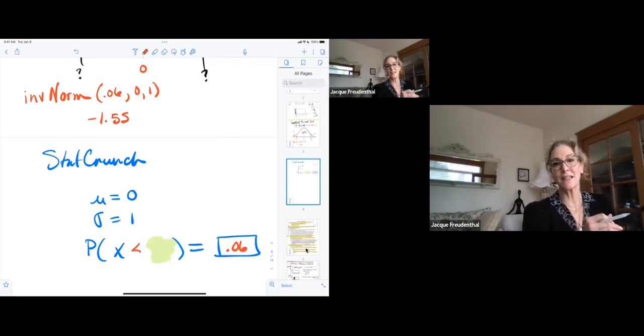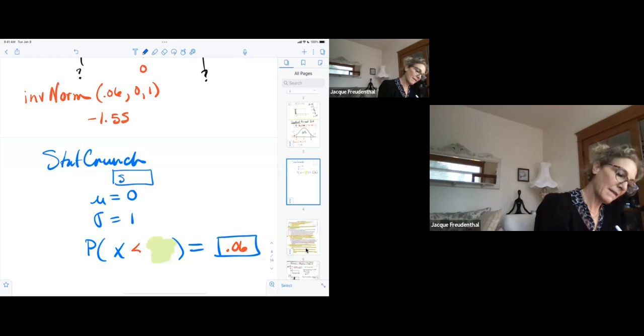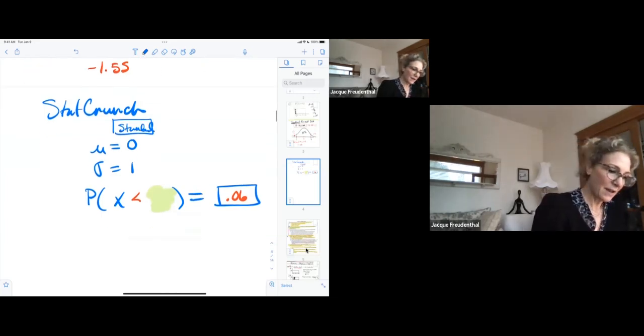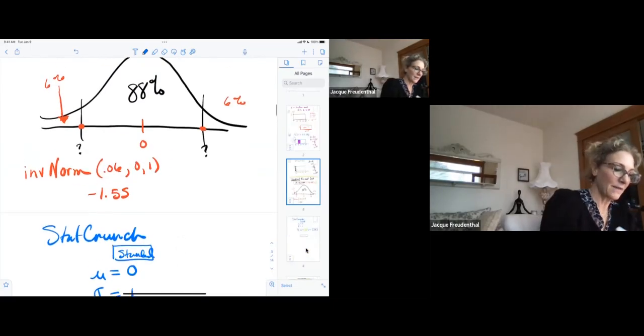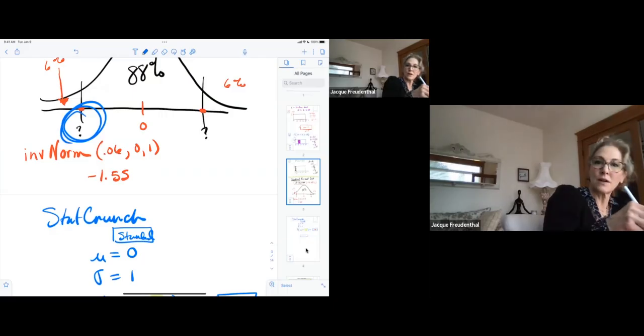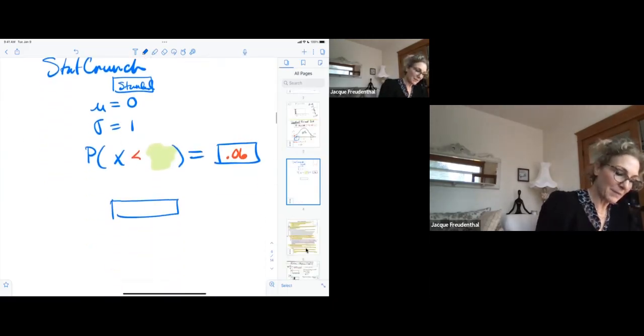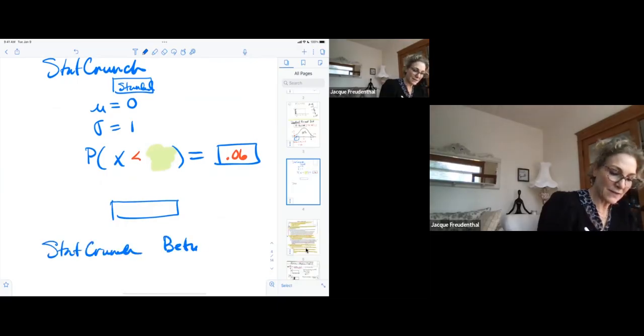But we could easily, instead of using the standard, so that this would be if you choose the standard instead of the between. If we chose between, because this is only going to give us this one score. But if I use StatCrunch with the between instead of the standard, I think you all know what I'm talking about.